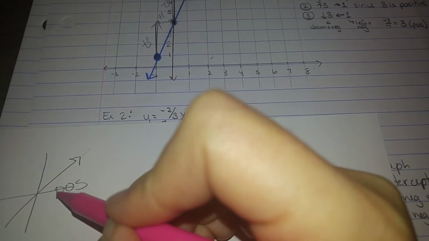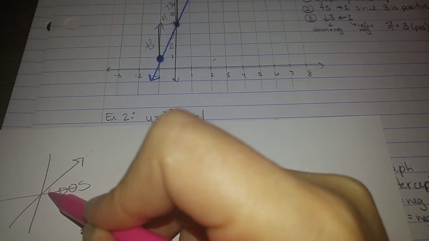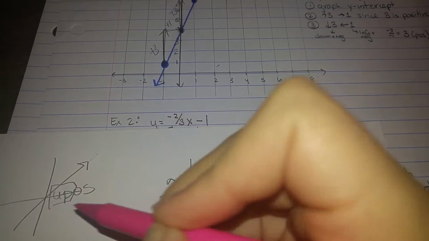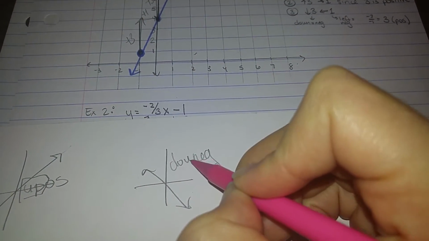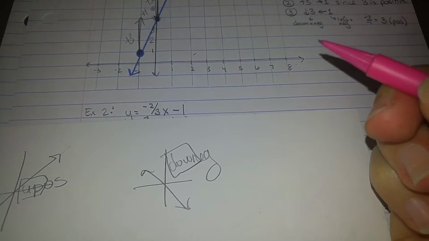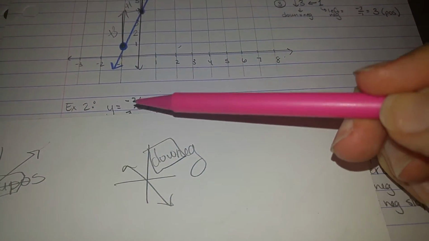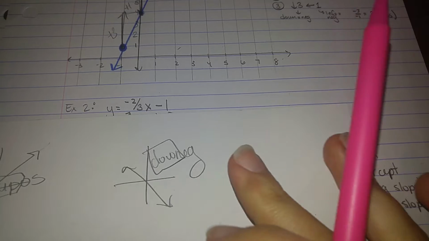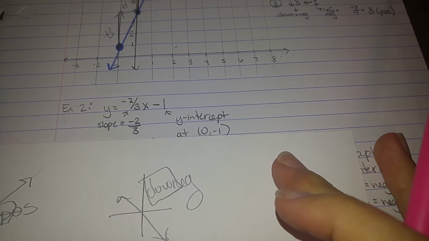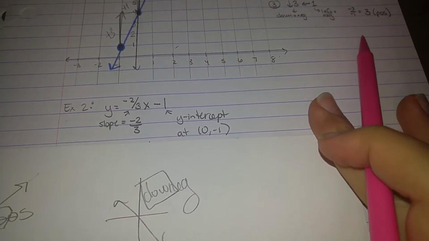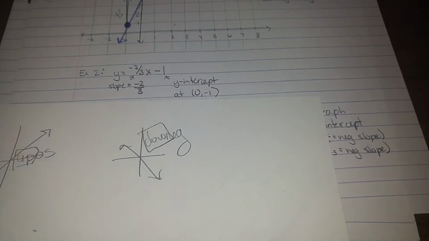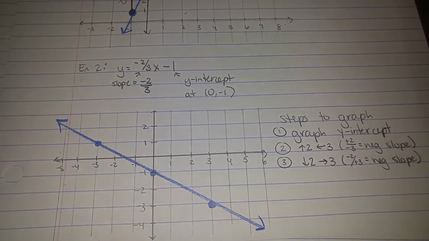I think of the positive going up, and the negative graph going down. So I understand that this graph needs to go down, starting at 0, negative 1, with a slope of negative 2 over 3. So the same thing is going to apply here.